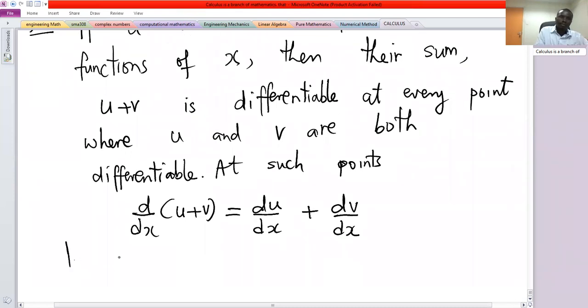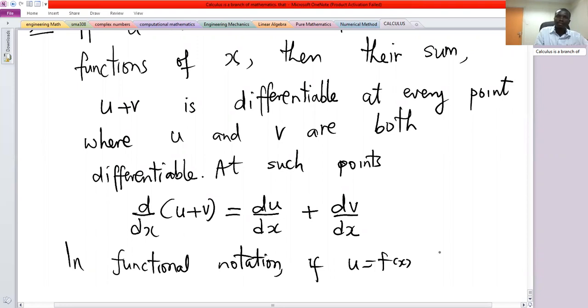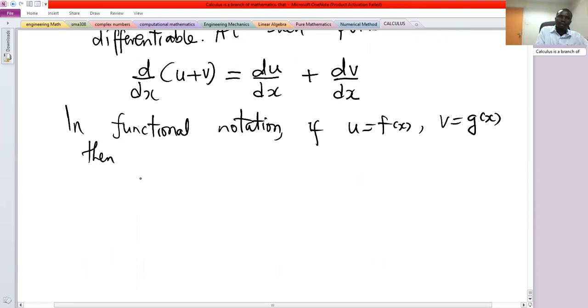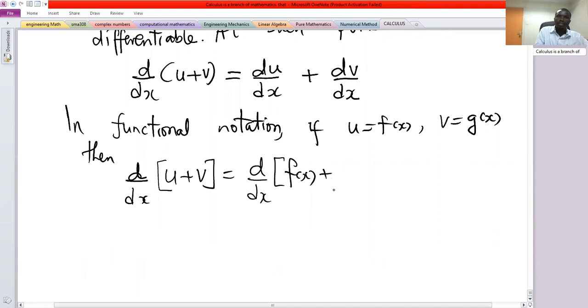So in functional notation, if u is f of x and v is g of x, then d/dx of u plus v is the same as d/dx of f of x plus g of x, which is df/dx plus dg/dx.